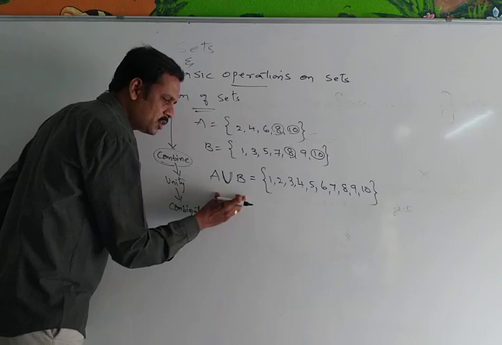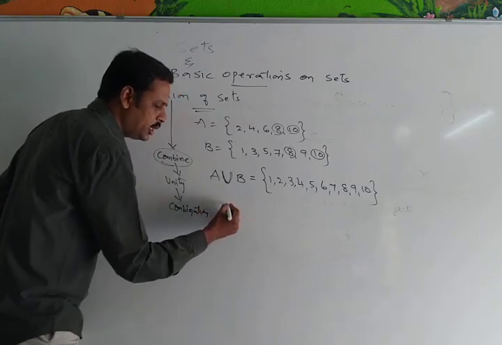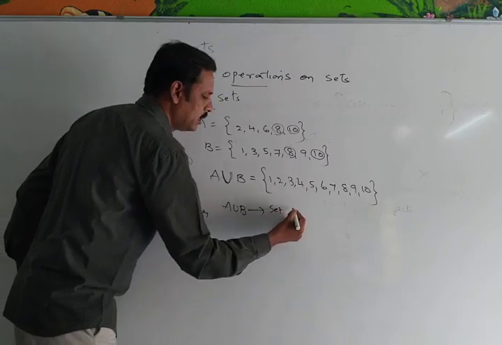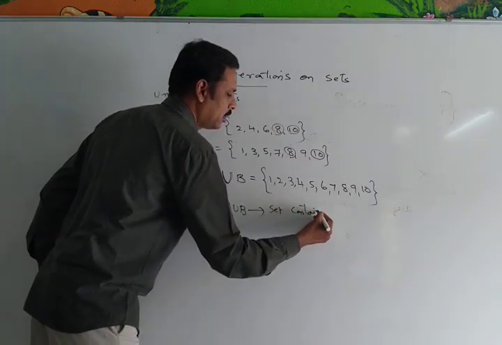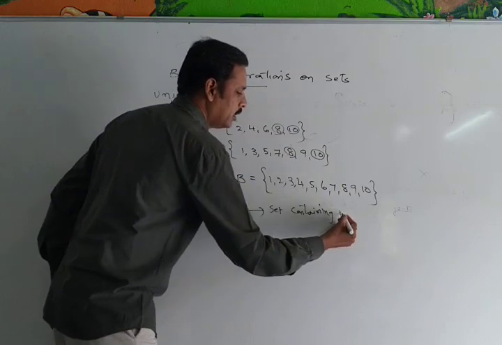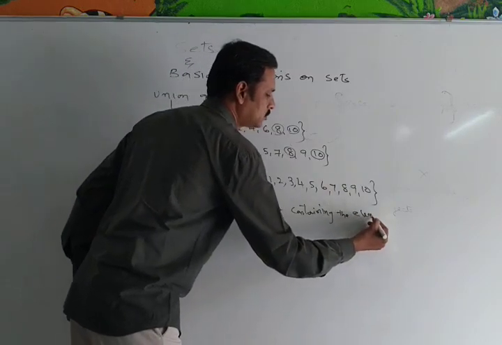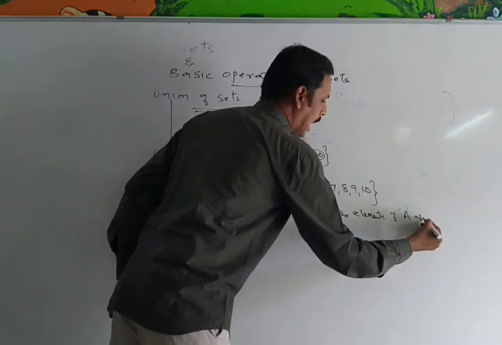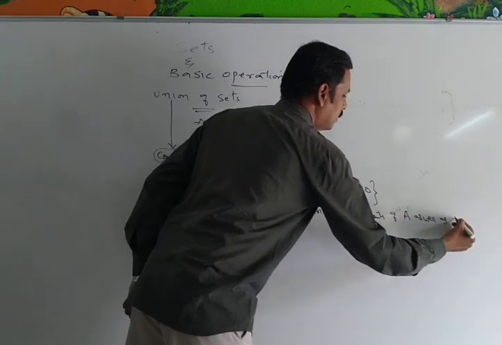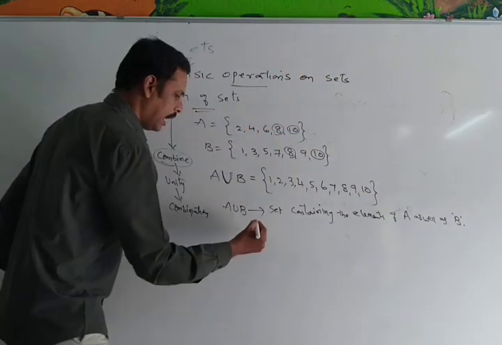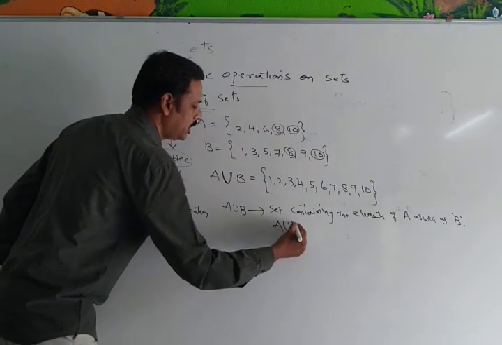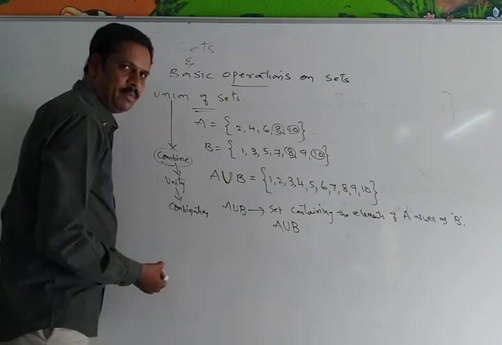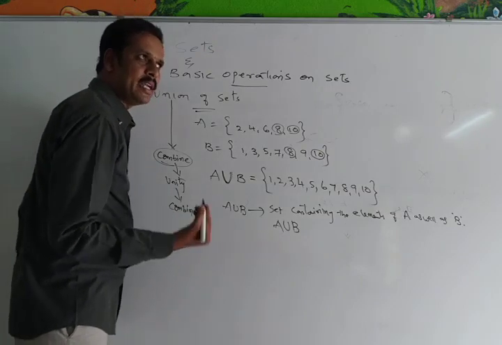Now what is the definition of a set A union B? A union B is the set containing the elements of A as well as B, and it is denoted by A union B. Now, I want to write the set builder form of A union B. So, what is the set builder form?